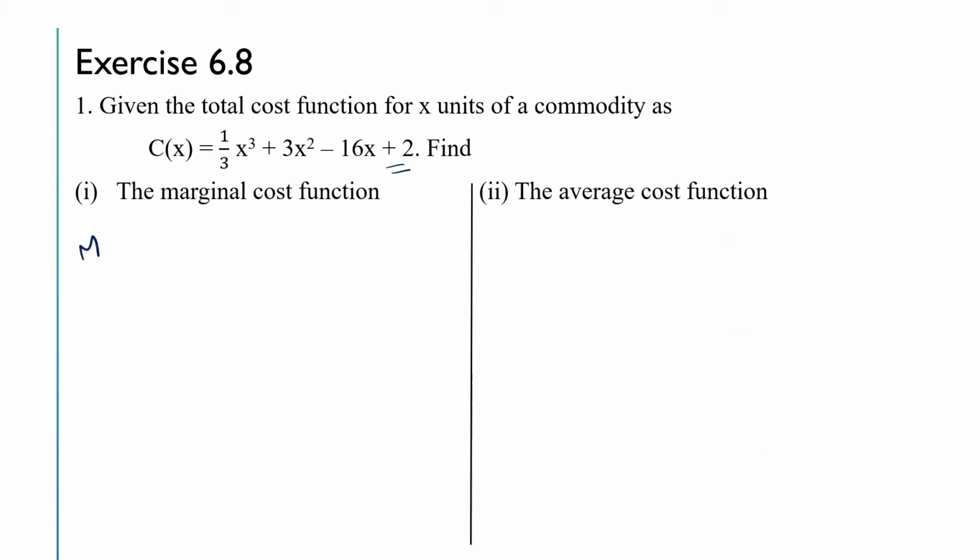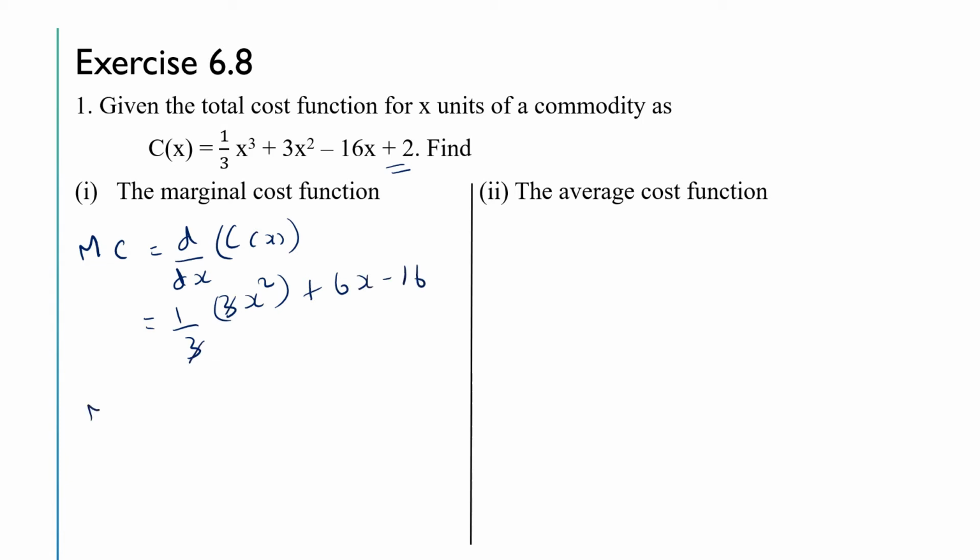The marginal cost function is the rate of change of total cost with respect to x. So it is d by dx of C of x. So this is equal to 1 by 3 into 3x square plus 6x minus 16.